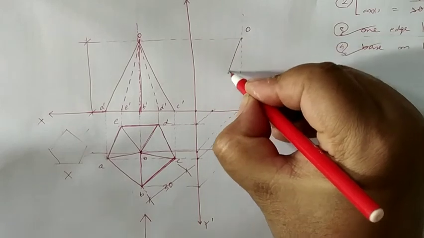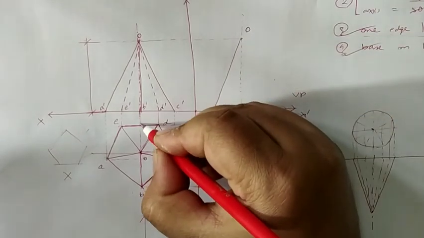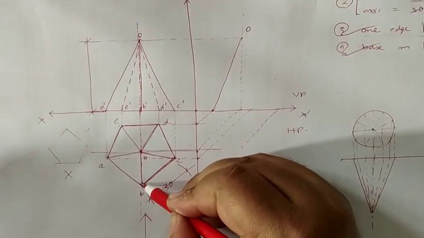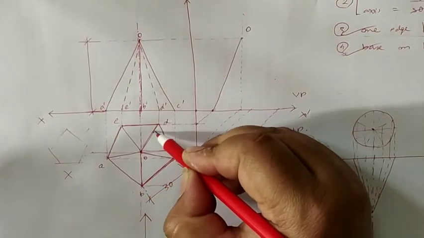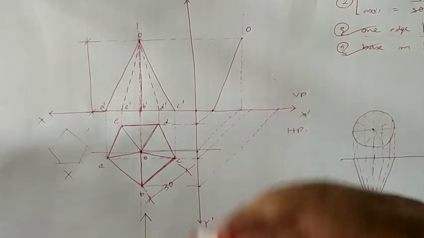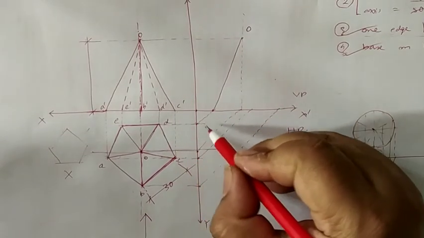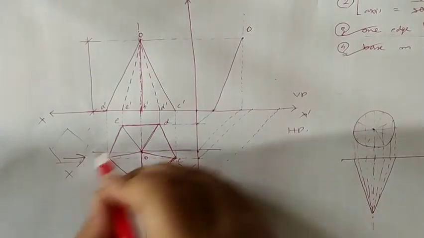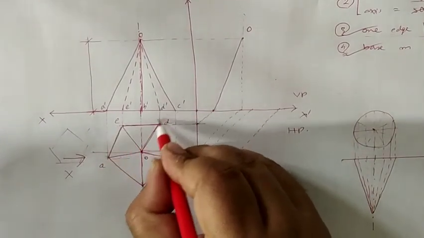So you can join this, because from here if you see this half, you can see this and this line clearly. This and this would be invisible or at the back. So you have this joint. You are looking from this side, so E will be before and D will be at the back.